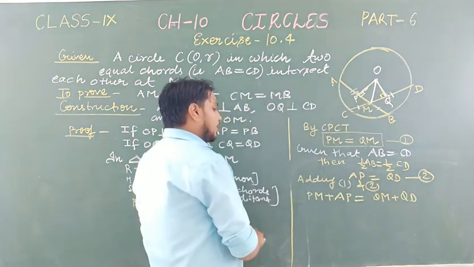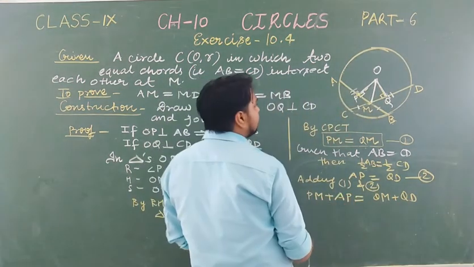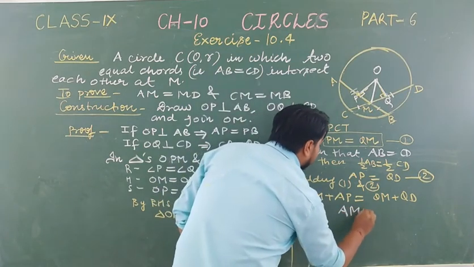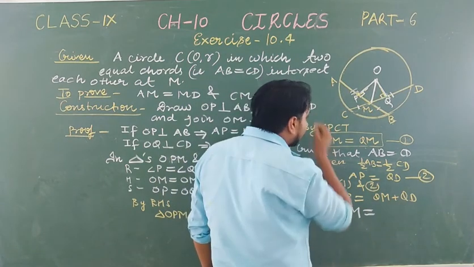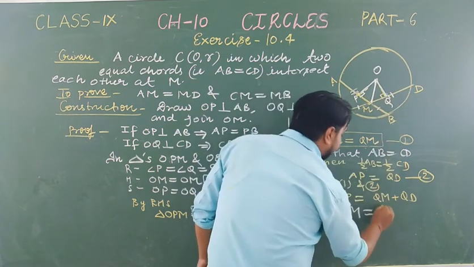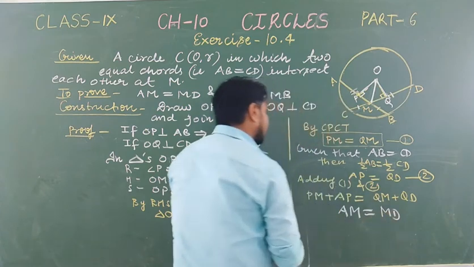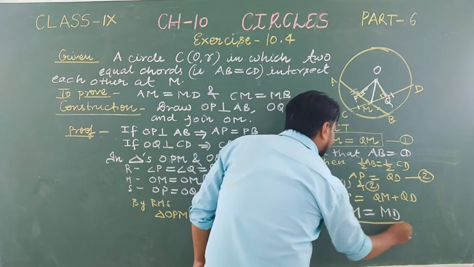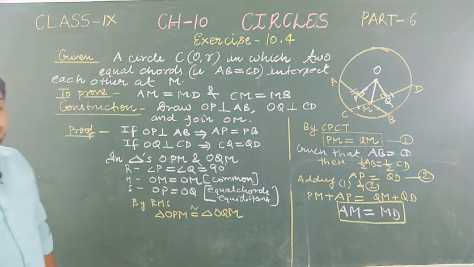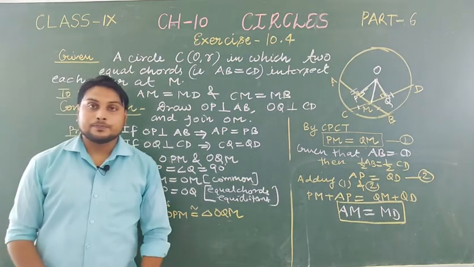Now PM plus AP, what will it be, students? It will be AM. And QM plus QD, what will it be? It will be MD. So this is the first result that we have to show, that AM is equal to MD.